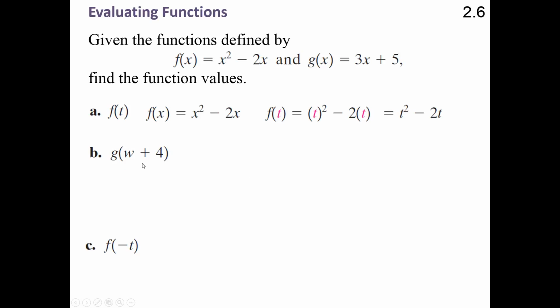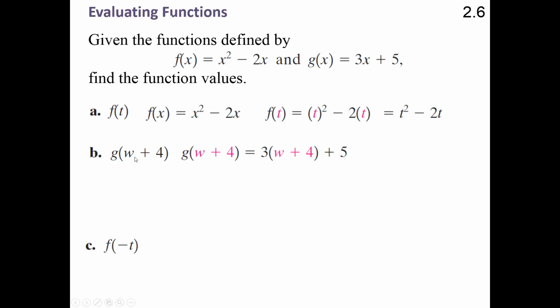Okay, the next case we're going to look at is g evaluated at w plus 4. Now, g is this simple linear function, but in the argument for the function, we're not going to have a single variable now. We're going to have this little expression. And what g will do to this little expression is the same thing g does to anything that's in this location. It's going to multiply by 3 and add 5. So in particular, g of w plus 4 is going to be 3 times (w plus 4) plus 5.